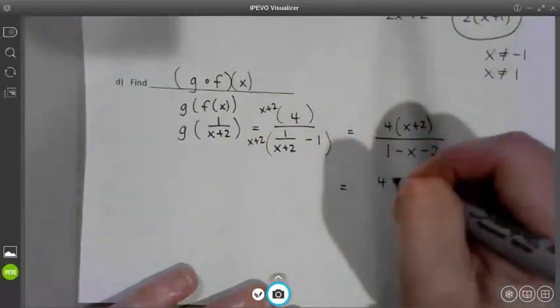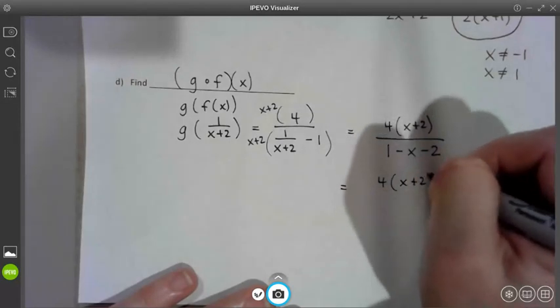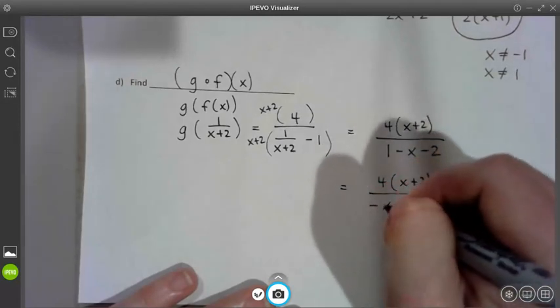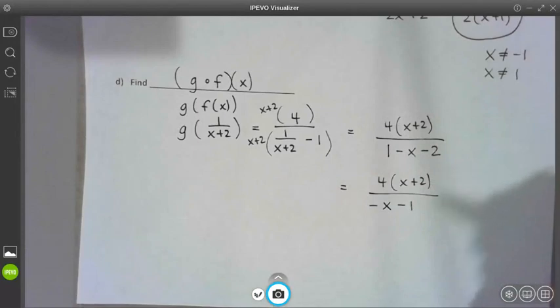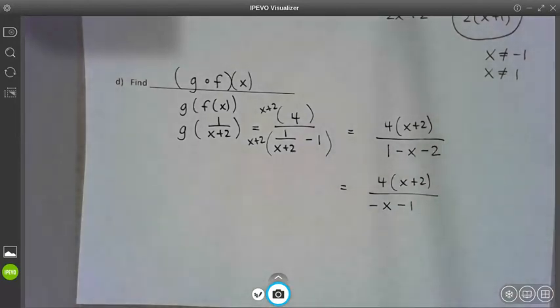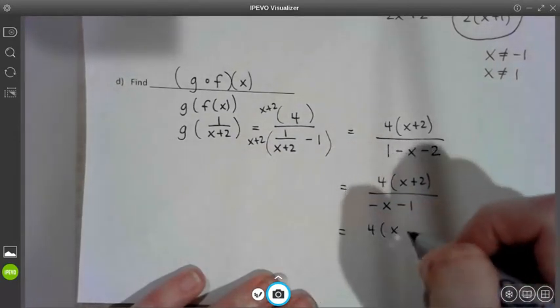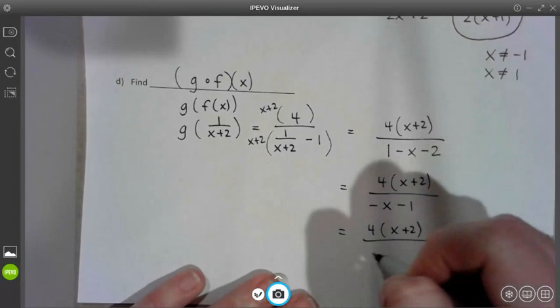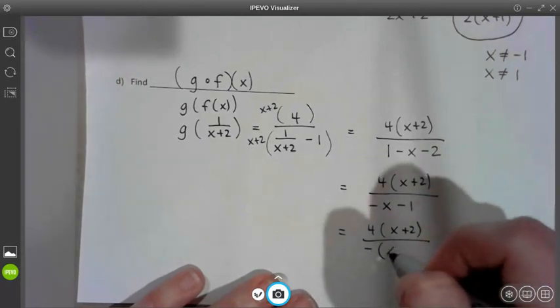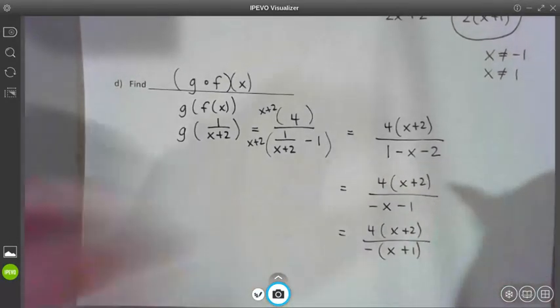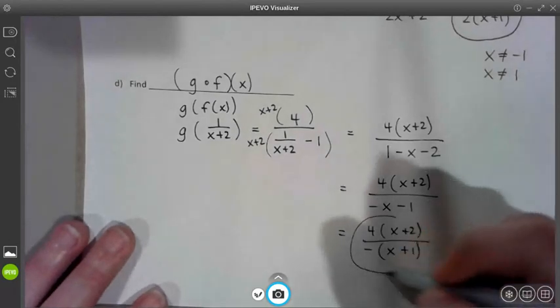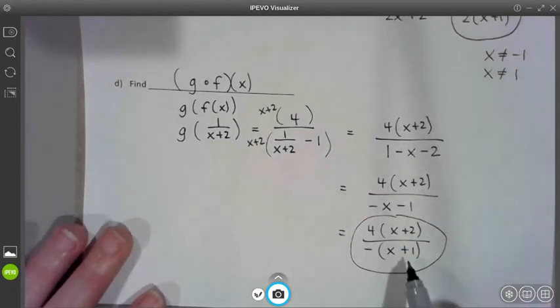And I end up with 4 times x plus 2 on top over -x minus 1. Again, just for simplification purposes, I'm going to factor out that negative sign, and I'm going to get 4 over x plus 2 over -x plus 1.